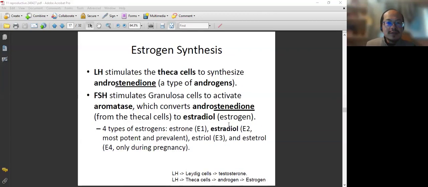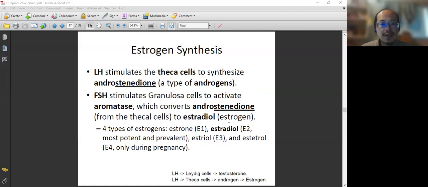So this is basically what we just talked about. LH stimulates the theca cells to synthesize androstenedione. This is a type of androgen, so this is another mild male sex hormone. So this is not what females really want. Females want estrogen.